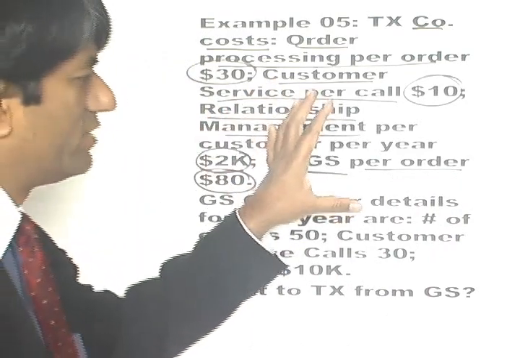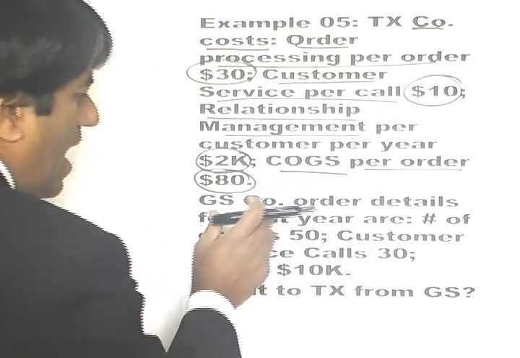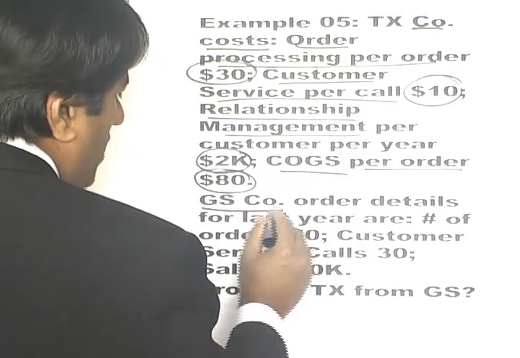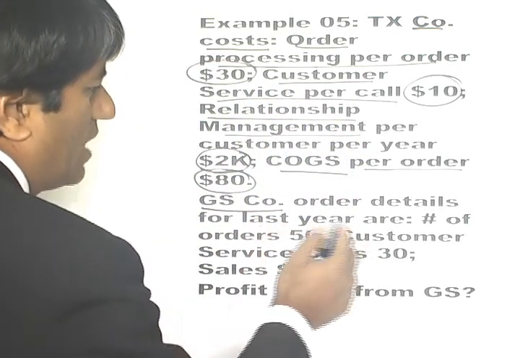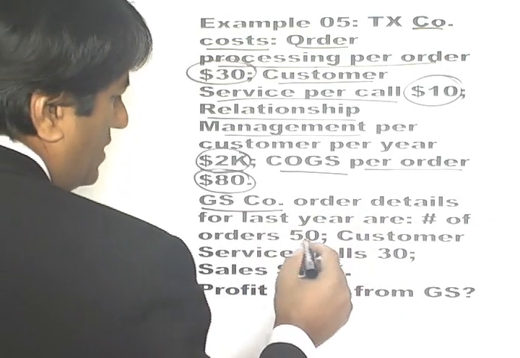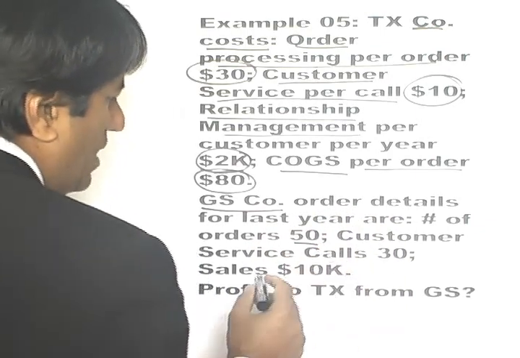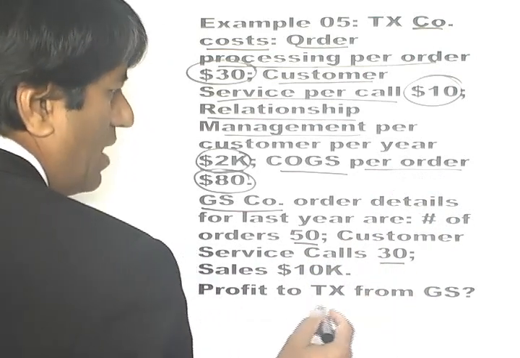Now, so these are the general costs, and now we come to a specific client, which is GS Corporation. And GS Corporation's order details for the last year are as follows. The number of orders it made was 50. The number of times it called customer service was 30.